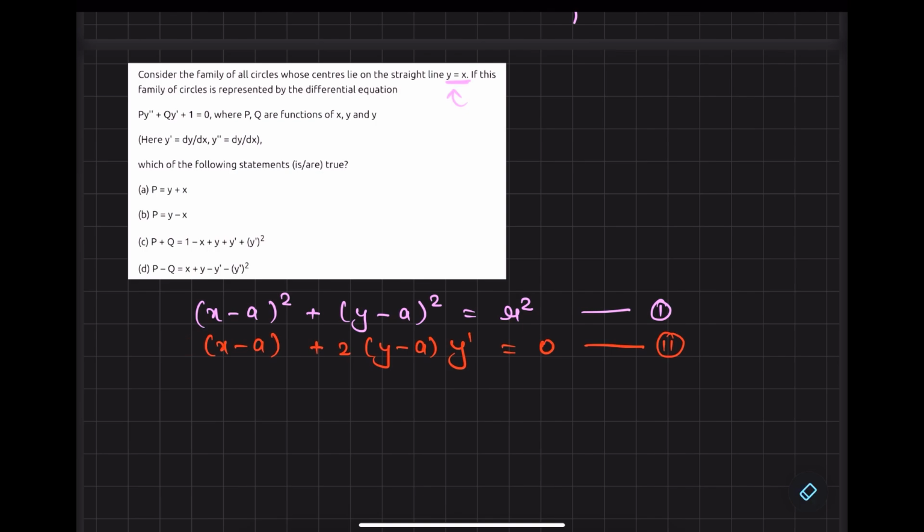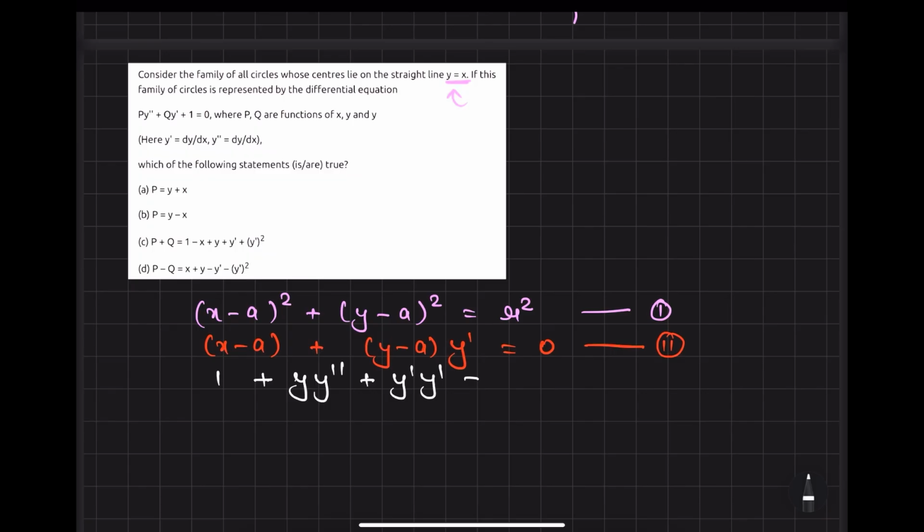We will be left with this and this. Now differentiate. So differentiation of x becomes 1, differentiation of a becomes 0. Now y dash: first function as it is, differentiate the second function, plus second function as it is, differentiate the first function.